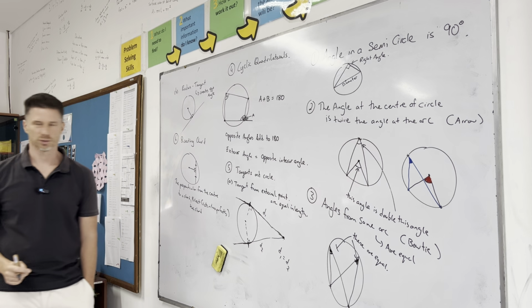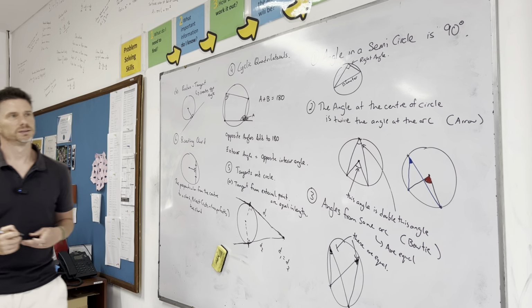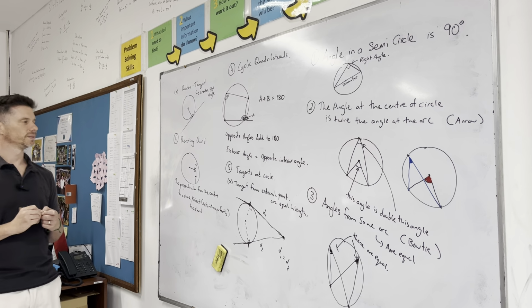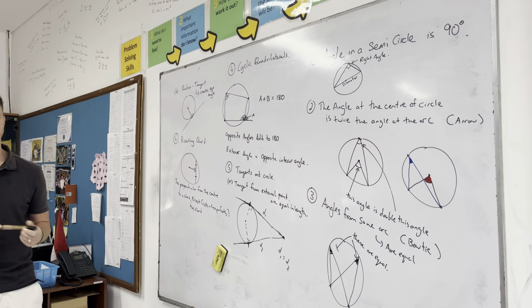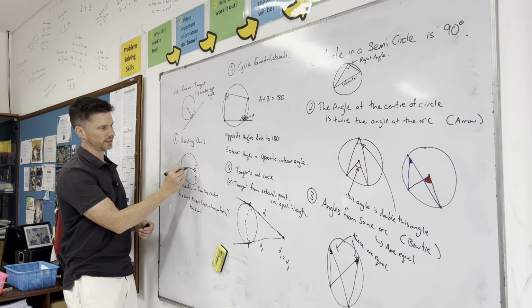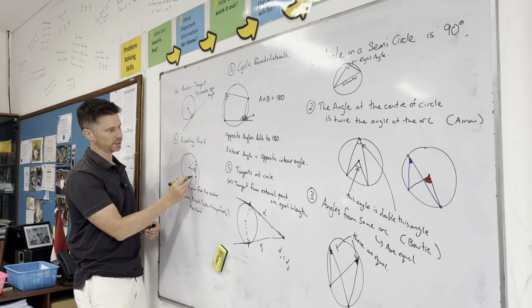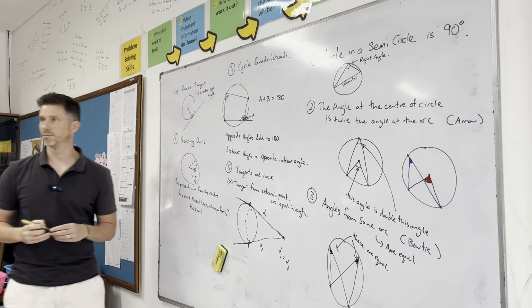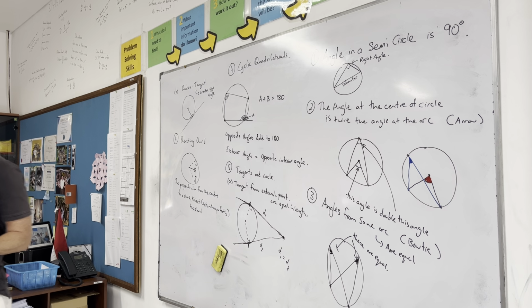Cuts perfectly into the chord. And then usually creates this nice isosceles triangle type thing, because this is a radius and that's a radius, so they have to be the same length, and then there's lots of things that can come off that.